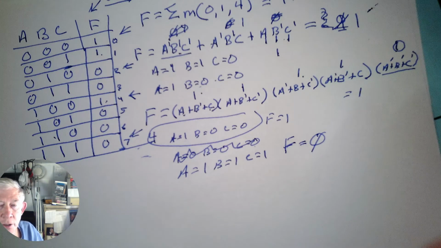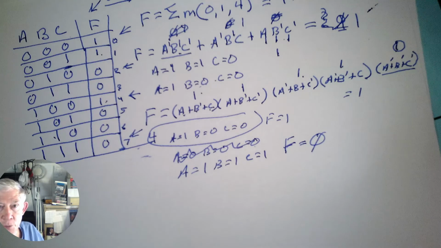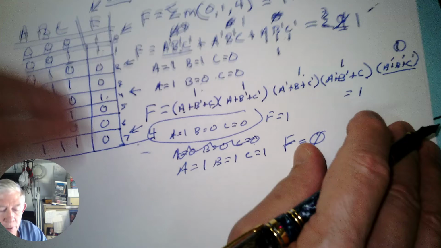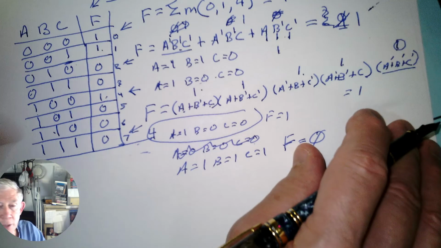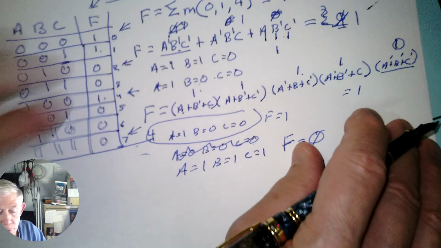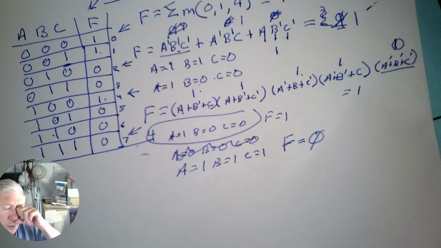So it works. Our max term and min term expressions do in fact always give us the correct answer that we desired for our output F. And that's how it works. We pick the min terms from the 1 rows, and that gives us one solution. We pick the max terms from the 0 rows, and that gives us another solution.